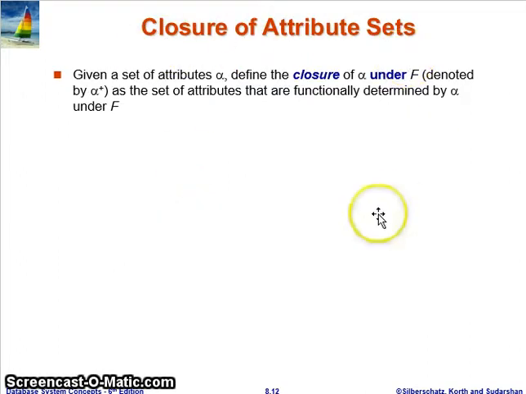Closure of attribute set. Now let's try to find the closure of a set of attributes.